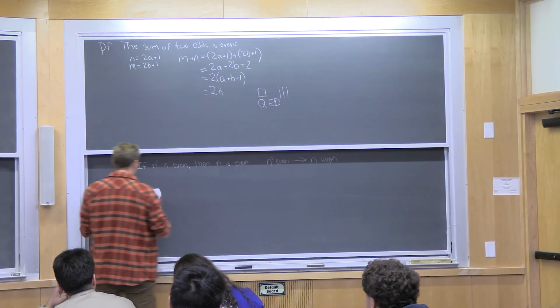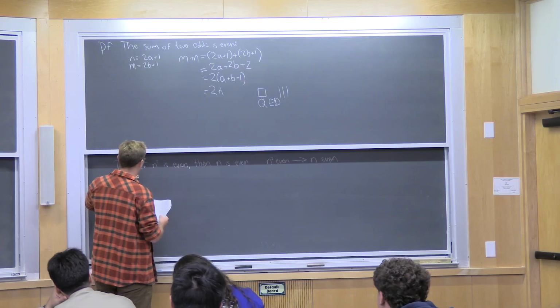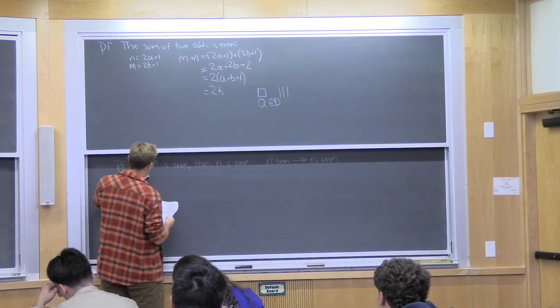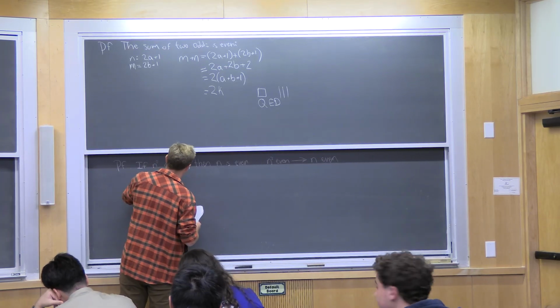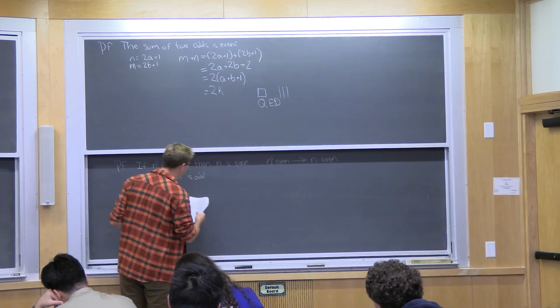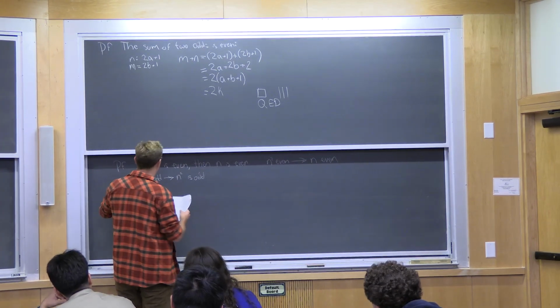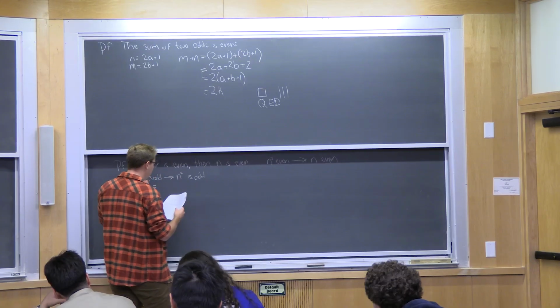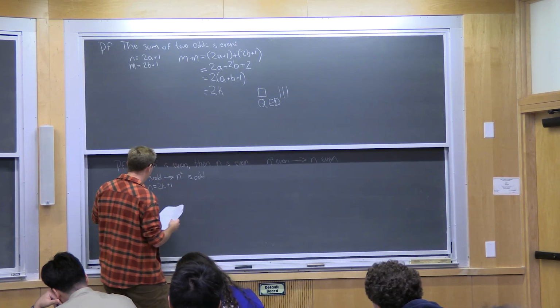So now we want to show, for this proof, that if n is odd, that implies n squared is odd. So, by our same definition of odd, we are going to let n equal 2k plus 1.